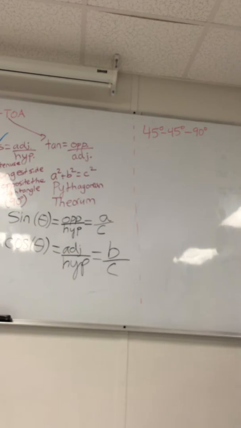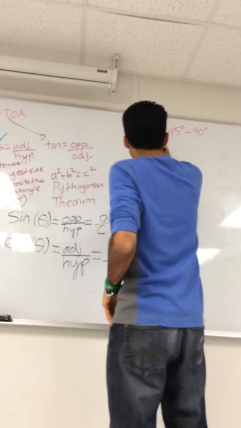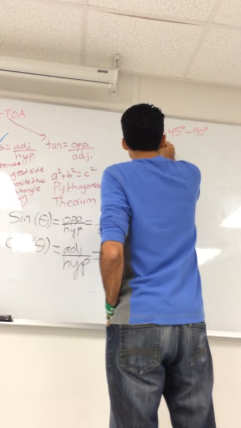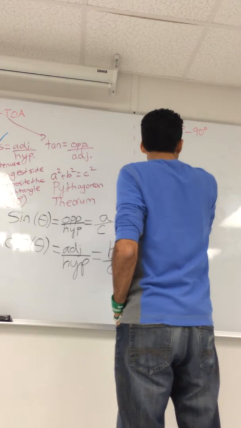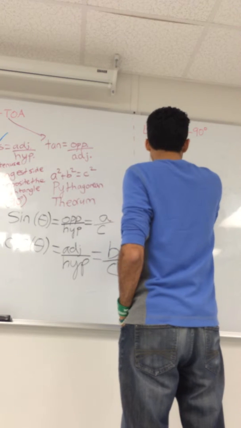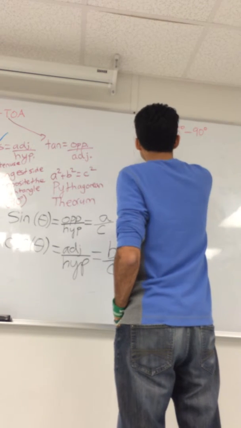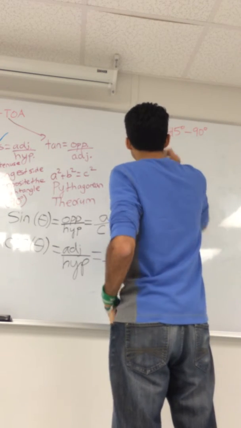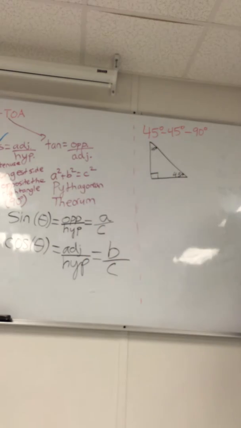We'll get to 30, 60, 90 in a second. Now, you all might remember, all this really means is some sort of right triangle. Let's draw it something like this with a right angle here. We call this angle 45 degrees. We call this 45 degrees. Perfect right triangle.